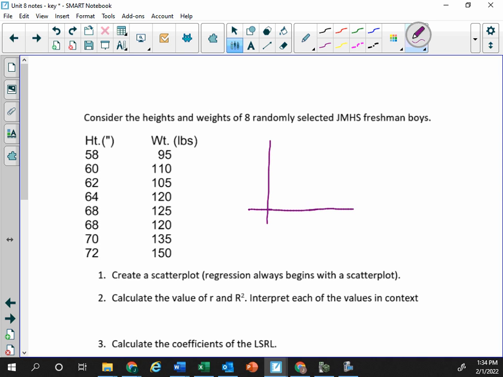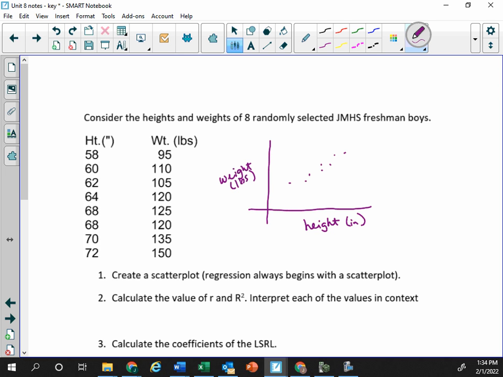I'm not going to truly label this, but I am going to note where the height and the weight are. Let's see, this was inches. And then just the general shape. And I don't have my calculator up while I'm looking at it, so something like that.